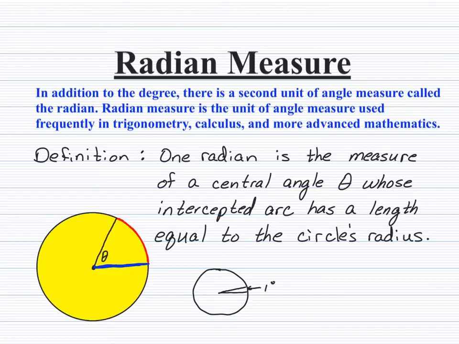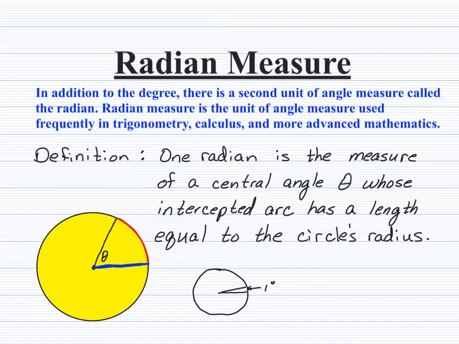I can't even draw a 1 degree angle small enough to show up in here accurately. What that means is that 360 of these would be what it would take to fill up this circle. And just to go from here to vertical, you'd have to have 90 of those to fill up this region right here. So 1 degree is very small.